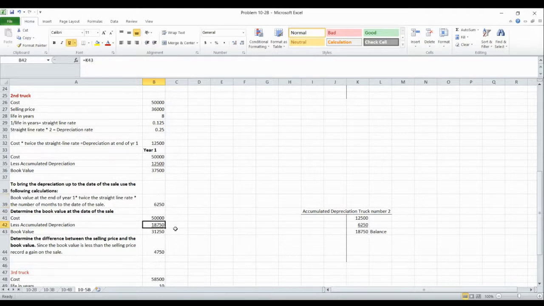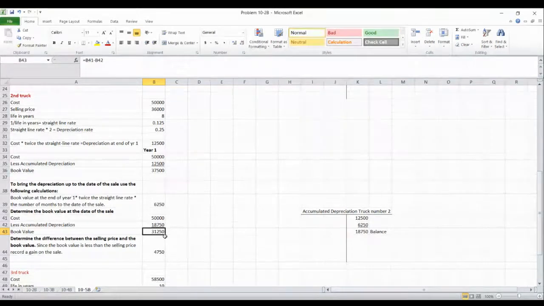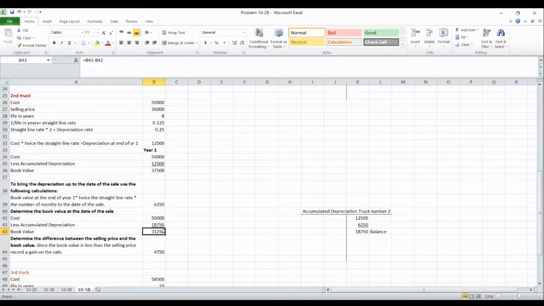This $18,750 would be subtracted from the cost to get the book value of $31,250. This book value will be compared to the selling price of the truck, which was $36,000.